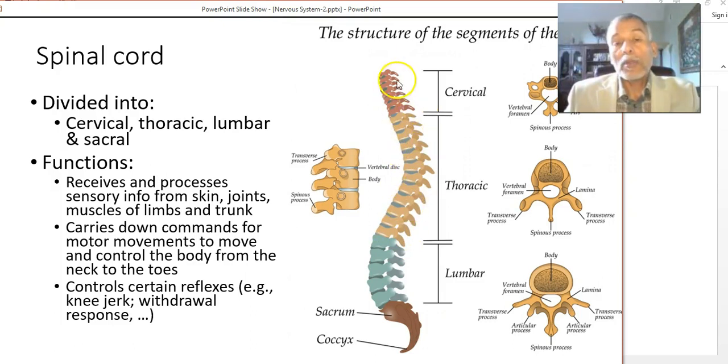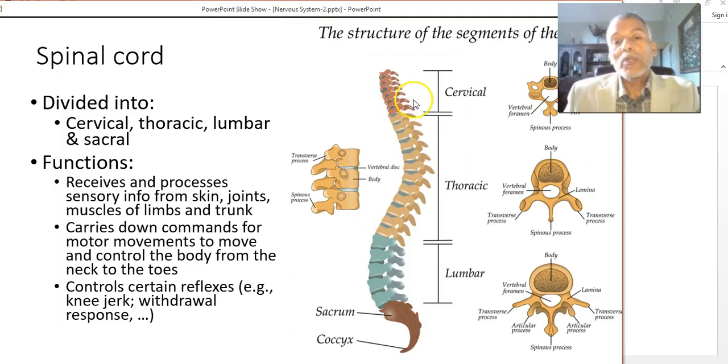So, for example, this is the spinal column that we studied before. The 7 top vertebrae inside of the neck are called cervical vertebrae. And then inside of the thorax, we have the 12 thoracic vertebrae. And then the lower ones, the lumbar, and then the sacral, and so on.